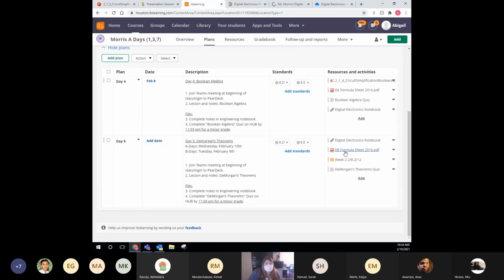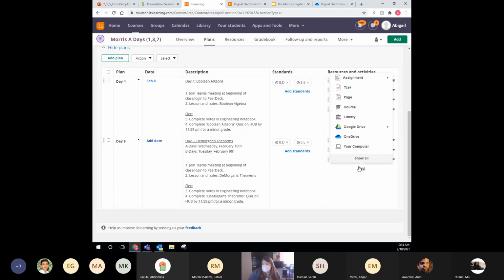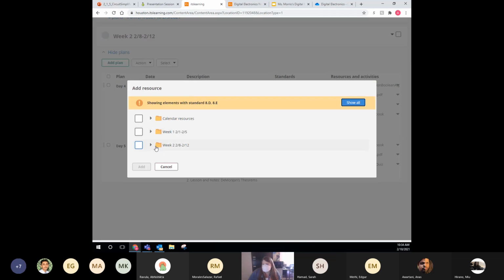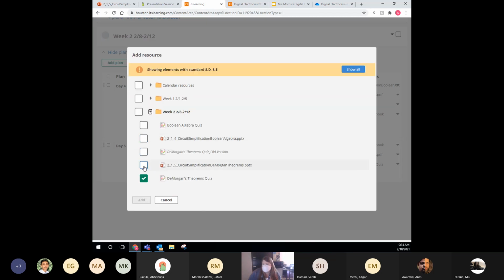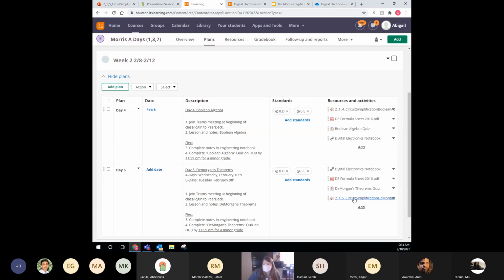And then also the formula sheet is there with all the theorems. And then there's a quiz. Oh, and I didn't add the PowerPoint, let me add it real quick. All right, so the PowerPoint's there so you can take notes.